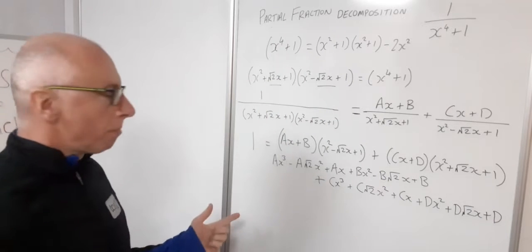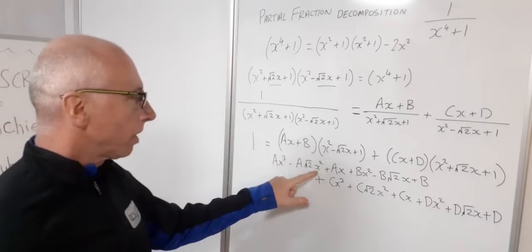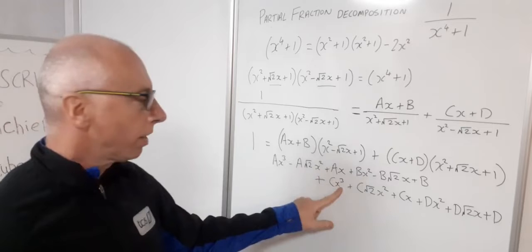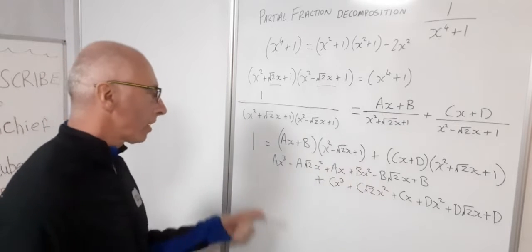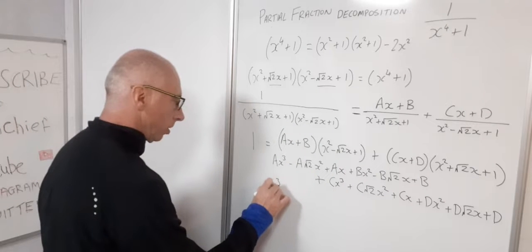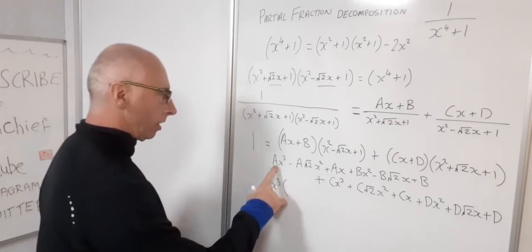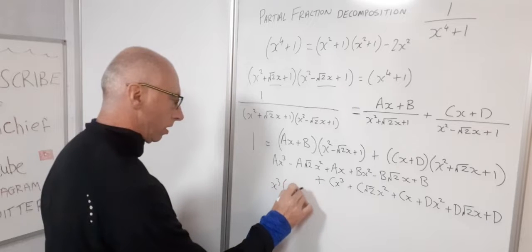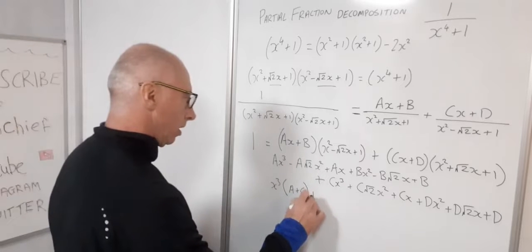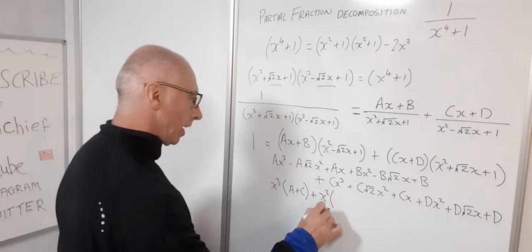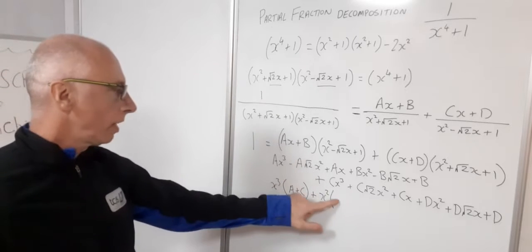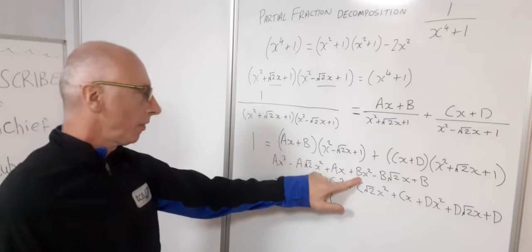Now I need to try and match corresponding factors. So my x cubes I can match with each other. Let's go for that on the next line. So let's get my x cubes together. So now I've got x cubed times a plus c. Okay, now let's get the x squareds together. Now I want to try and avoid a negative as my first term in the bracket, so I'm going to just write a b, if you don't mind, for the first one.